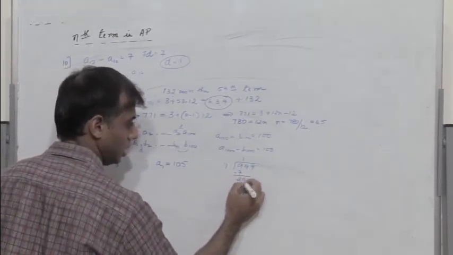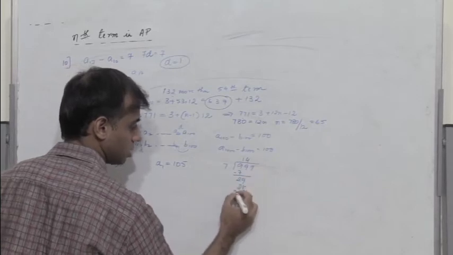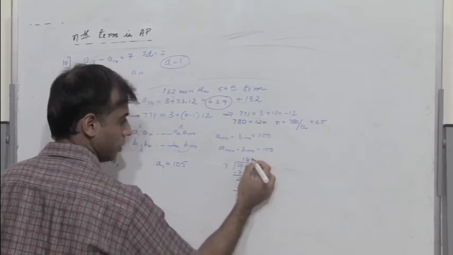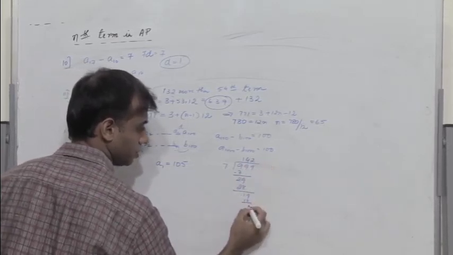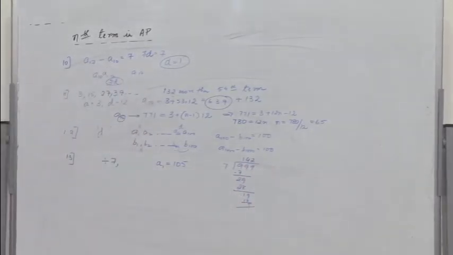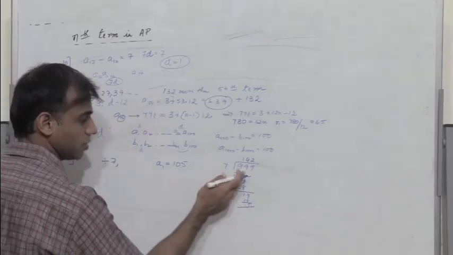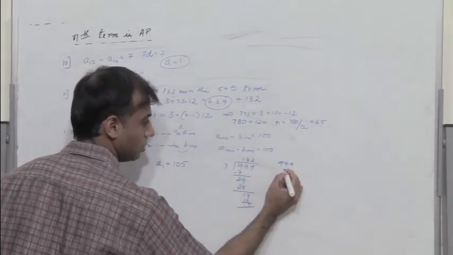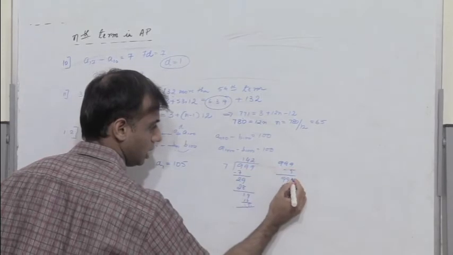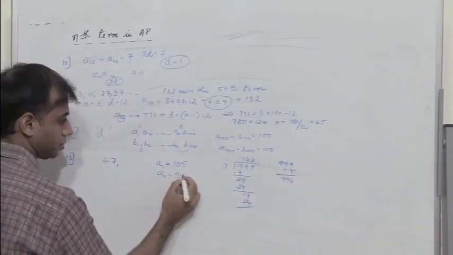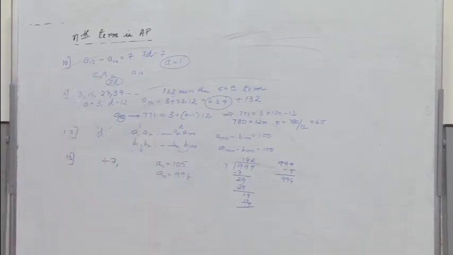Subtract, I get 29. 4s are 28. So I get 19. 7 twos are 14. So the remainder is 5. Since the remainder is 5, the term which is divisible by 7 would be 999 minus 5, which is 994. So this happens to be the last term which is divisible by 7.